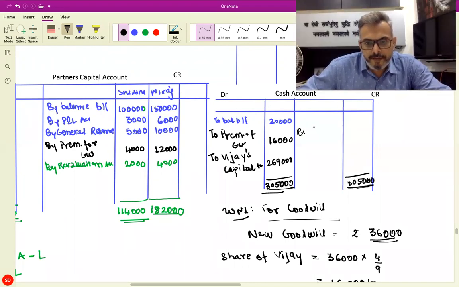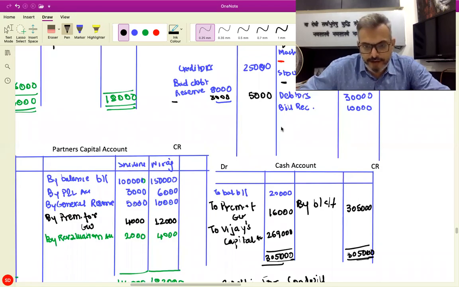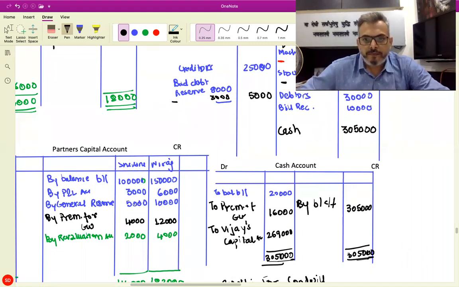3,05,000 by balance carried forward 3,05,000. Transfer it to balance sheet, cash 3,05,000 directly from here.